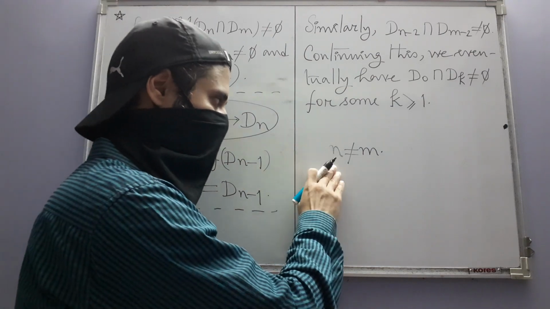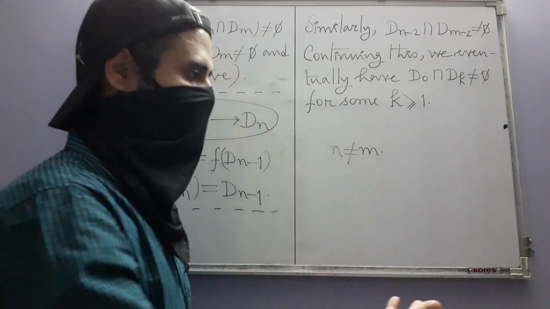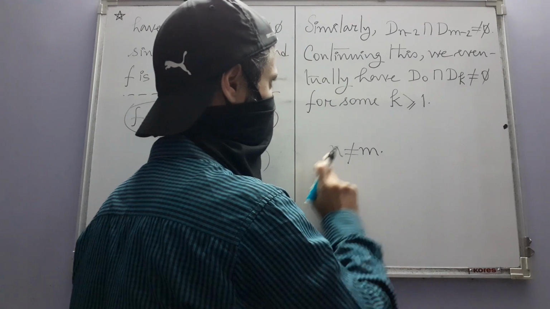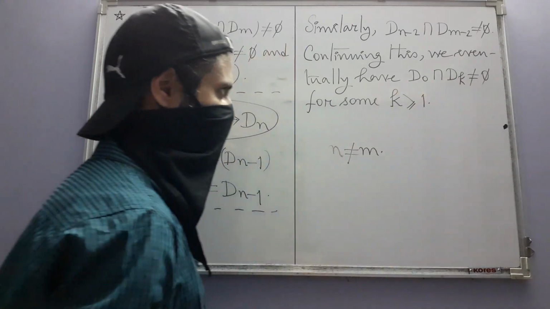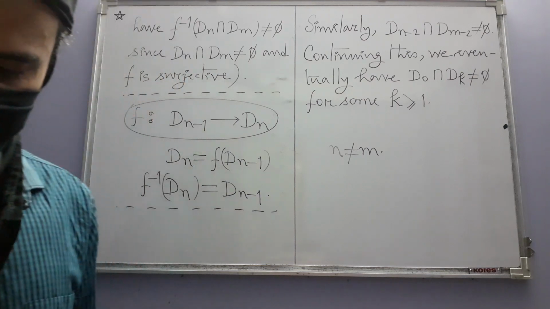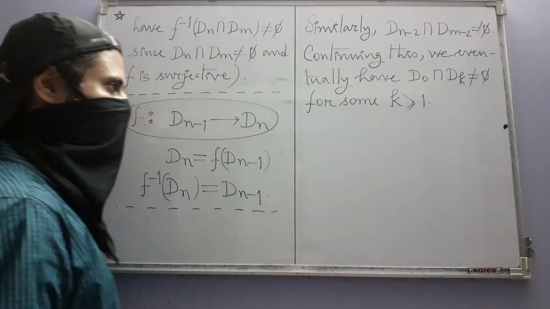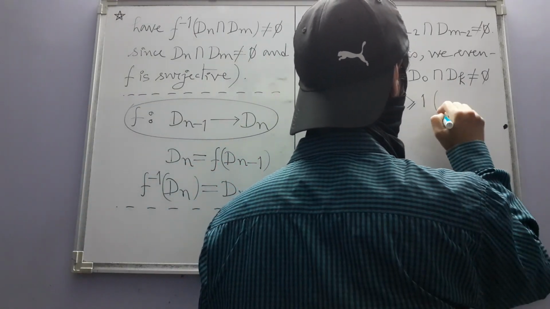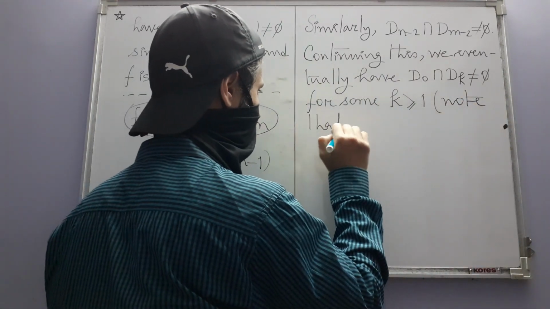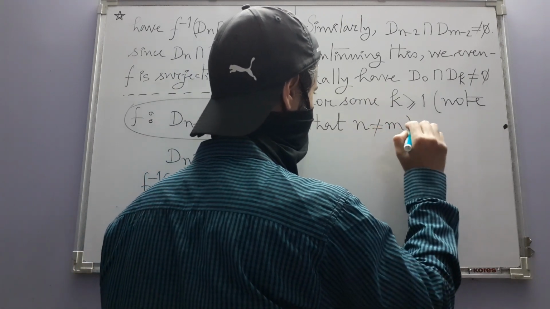Whenever one of them becomes 0, namely the smaller one, the other corresponding one will remain positive. It is because of this inequality that k will be positive. k cannot be 0. Should I mention this, because it's not immediately apparent why that is the case. At least let me just write: note that n is not equal to m.